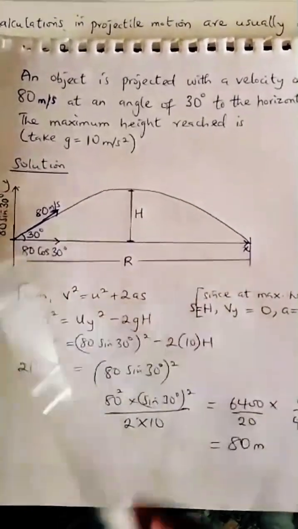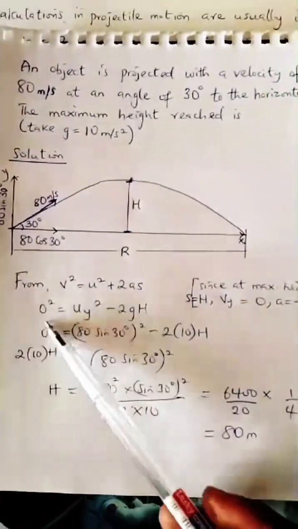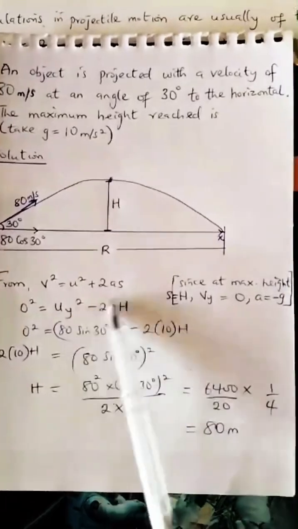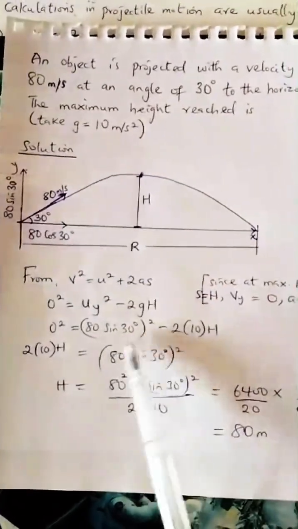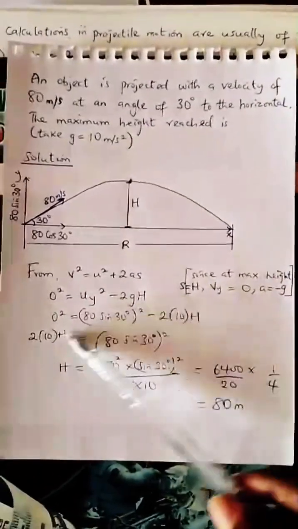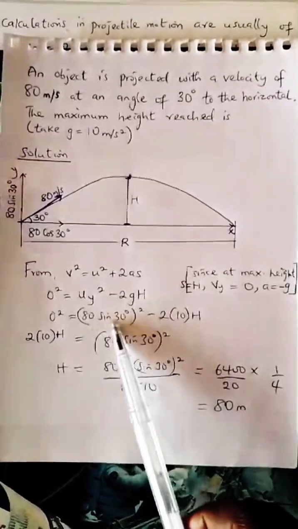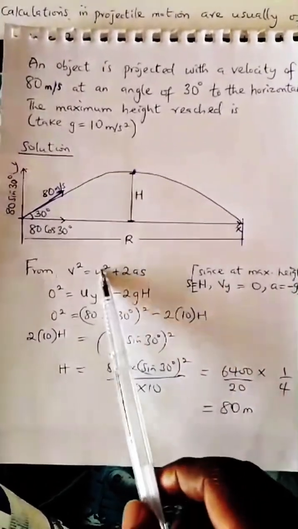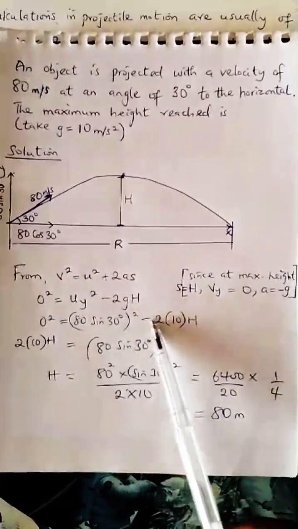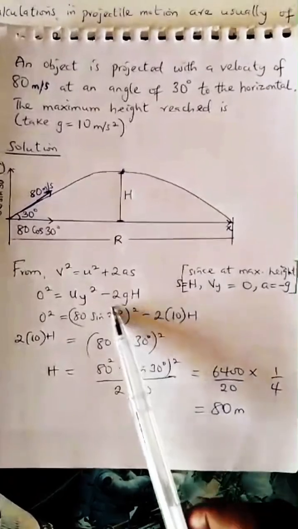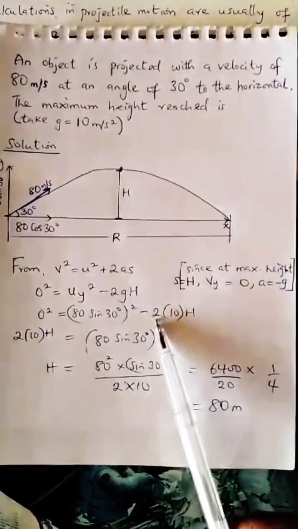Our final velocity is 0. Take note, we are calculating at this point, so v squared is 0 squared. Putting the initial vertical component uy, we are using 80 sine 30 degrees, all squared because we have u squared, minus 2 times 10, this is gravity, and it's negative because it's acting downwards, slowing down, a negative acceleration.